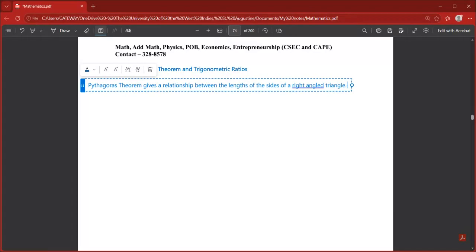Well, relates, I should say, or gives a relationship between the lengths of the sides of a right angle triangle.